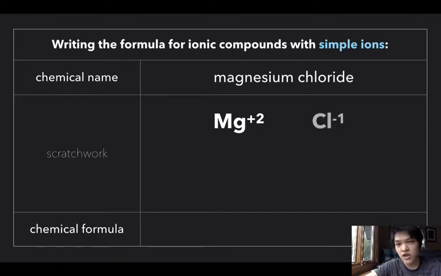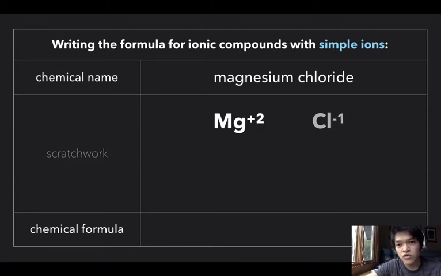Now, these ions want to come together. But remember that when they come together, an ionic compound wants to be neutral. So right now there's a +2 total and there's a -1 total.